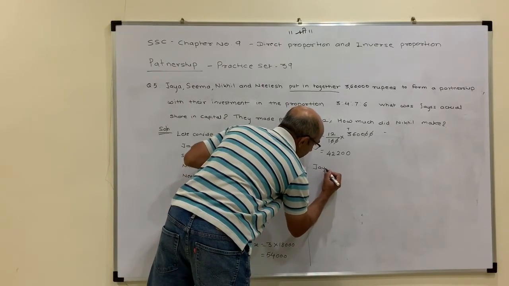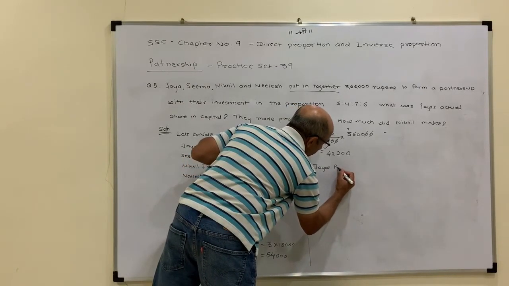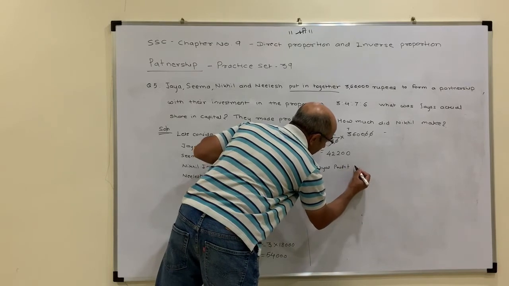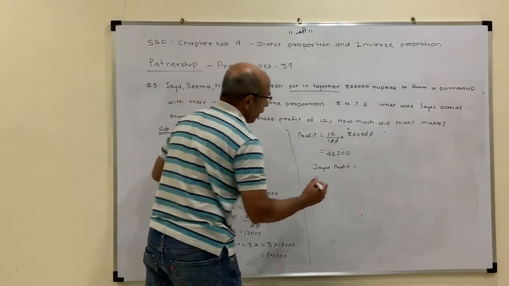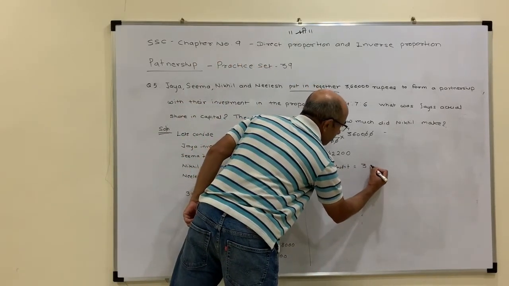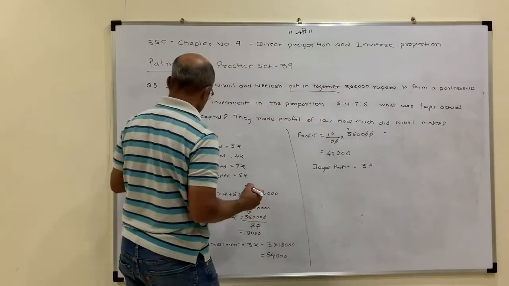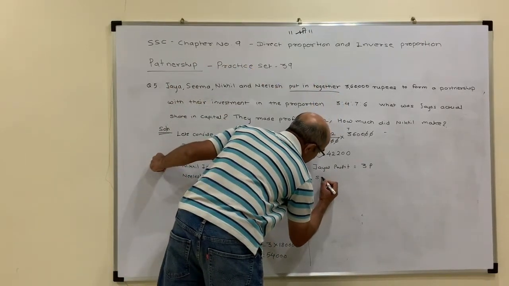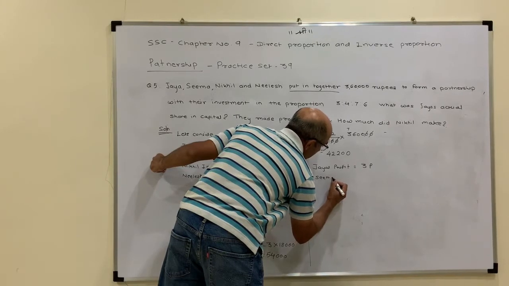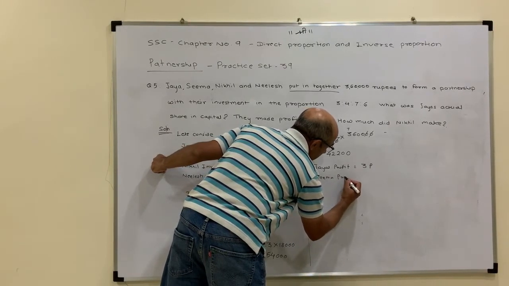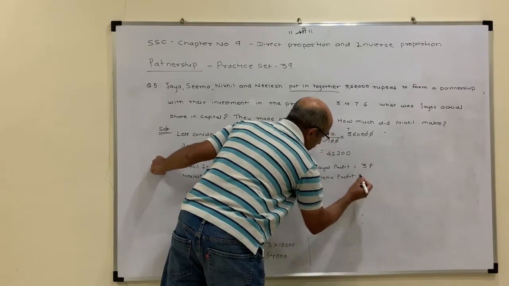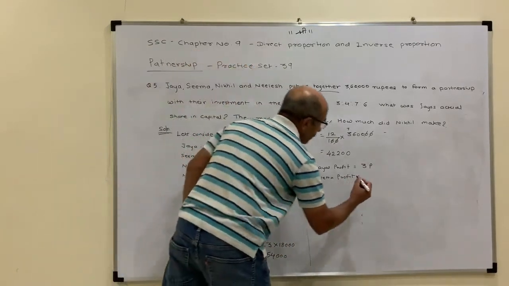Jaya's profit I consider 3p. Then I consider Seema's profit equals 4p.